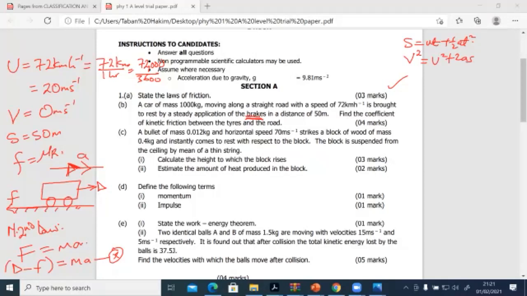When you substitute into this, we shall have 0 = 20² + 2 × a × 50. What acceleration do you get?